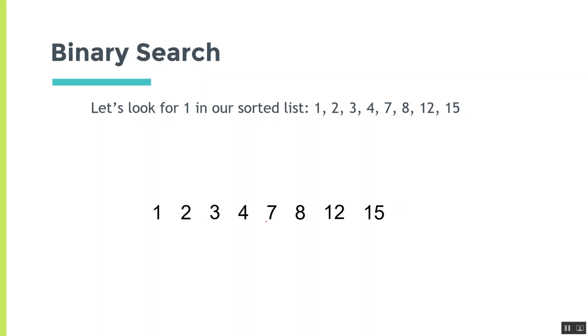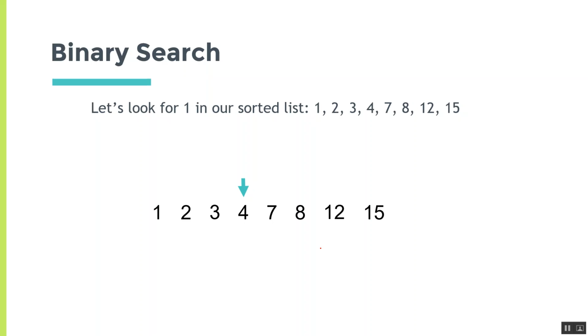If this were an odd number, it would be easy to trace the middle value. But for the case of even, we divide it by 2 and then start at that position. So 8 divided by 2 is 4, so we will start at the fourth element in our list, which is 4.